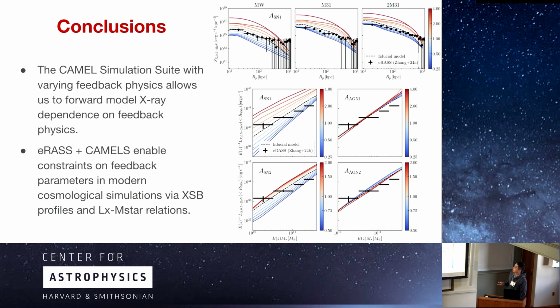So this is a short talk, and this is my conclusion. With the CAMELS simulation suite with varying feedback, we're able to forward model X-ray dependence on the feedback physics at the CGM scale. And combining with the eROSITA data, we're able to put constraints on these feedback parameters in 3 modern cosmological simulations, TNG, SIMBA, and Astrid. So I'll take questions, and thanks.